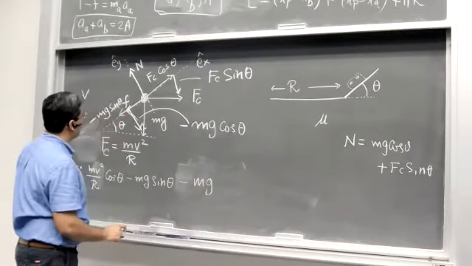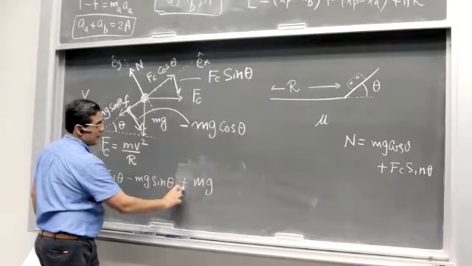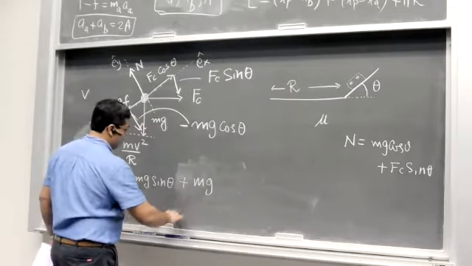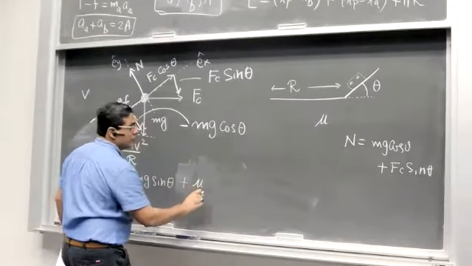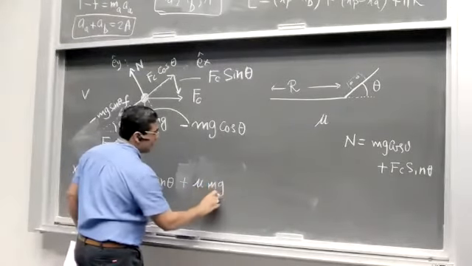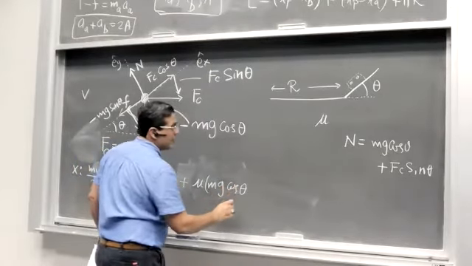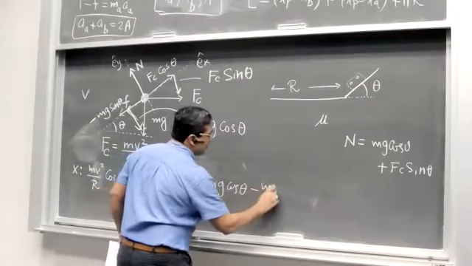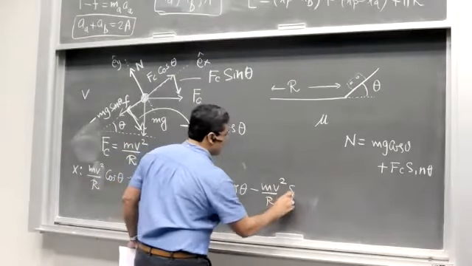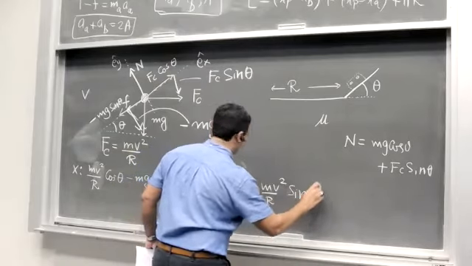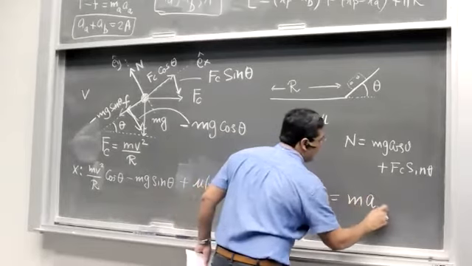And they would be positive, right? Because they would be mu mg cosine theta minus mv square over r sine theta. MAX.